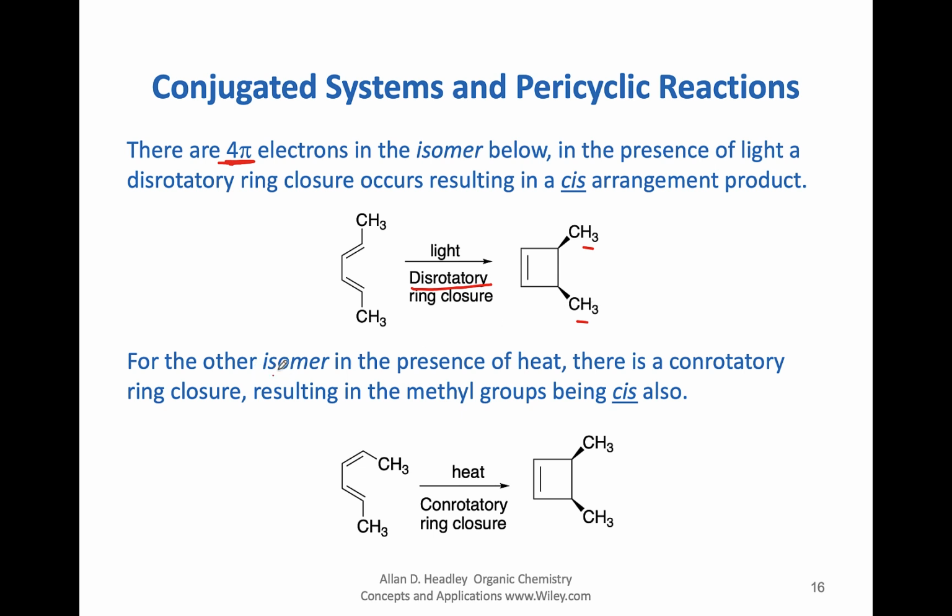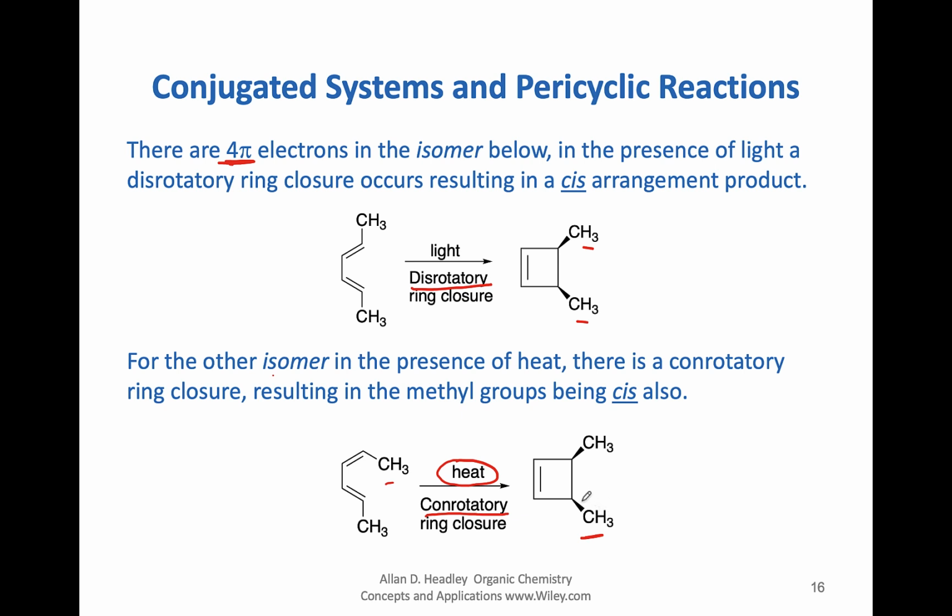For the other isomer, let's look at the other isomer here. If we still have a 4-pi system here, and now we're looking at heat, not light, so the HOMO will be pi 2. And in that case, we have a conrotatory ring closure, and that will bring these two groups here in a cis arrangement.